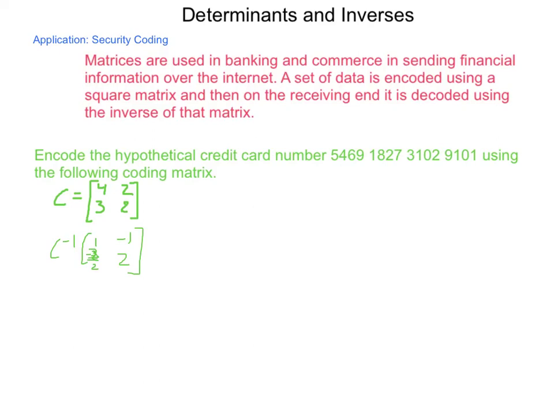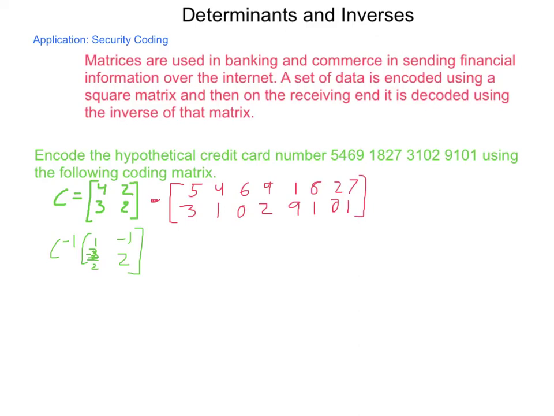Since we have a 2 by 2 coding matrix, we are going to take this 16-digit number and break it into 2 rows of 8. So I'm going to multiply my coding matrix by 5, 4, 6, 9, 1, 8, 2, and 7. Then 3, 1, 0, 2, 9, 1, 0, and 1.